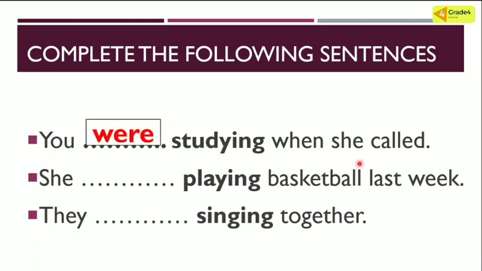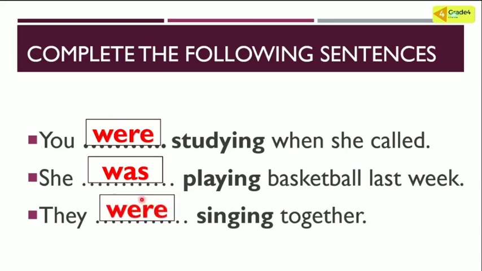You were studying when she called. And then how about she? Is it were or was? Very good. It is was. She was playing basketball last week. How about they? Is it were or was? Good job. It is were. They were singing together.